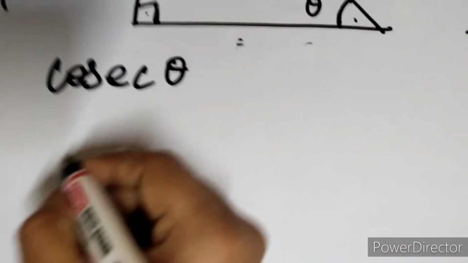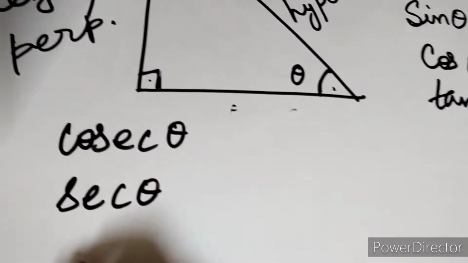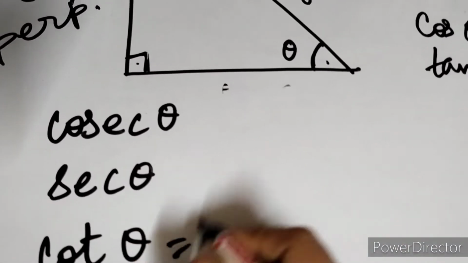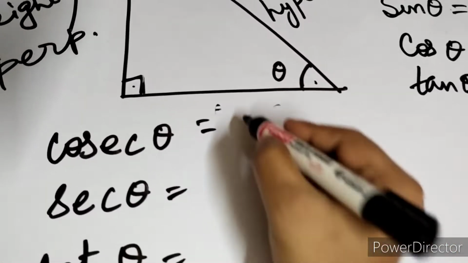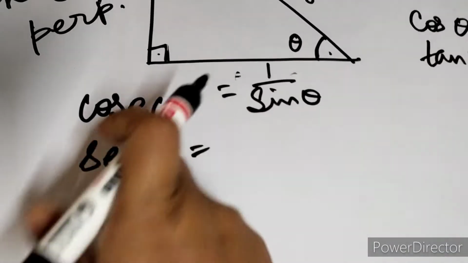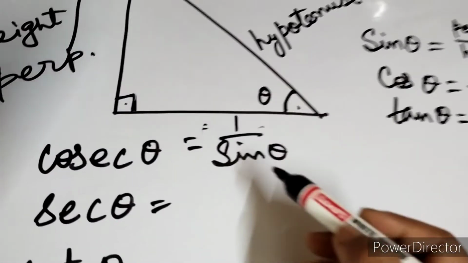Okay, and secant is there, that is sec theta, and cotangent or cot theta. Now cosec theta is nothing but 1 by sin theta. Cosec theta is reciprocal of sin theta, that means 1 by sin theta.